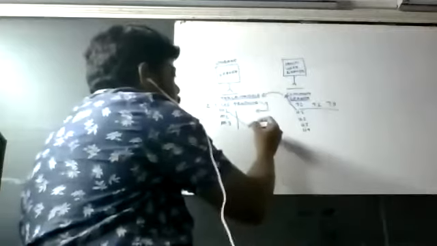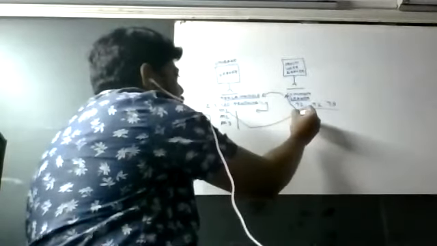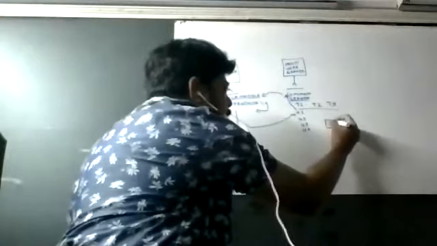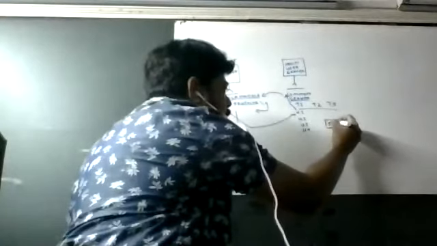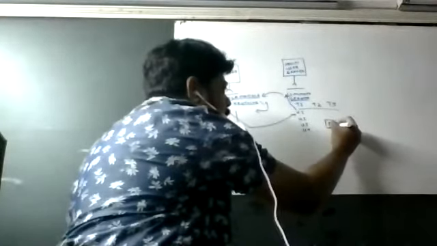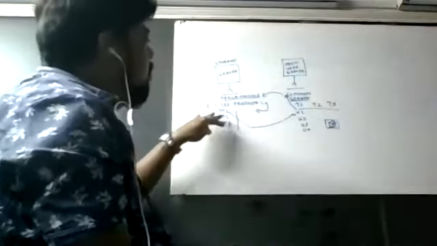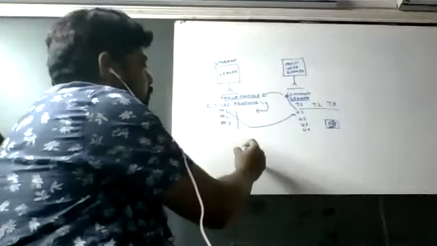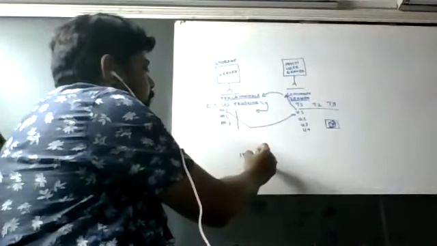Then this model will be visible to user one. On user one's screen, he will be able to see the 3D model here. After establishing the connection, it will take some time, say 15 to 20 minutes.